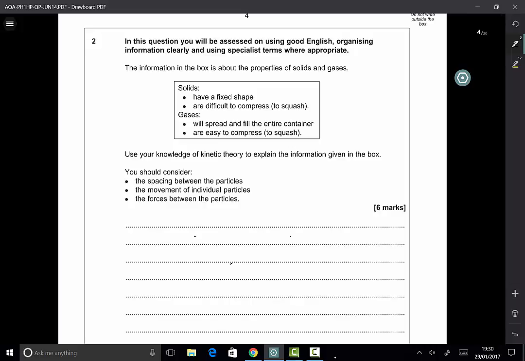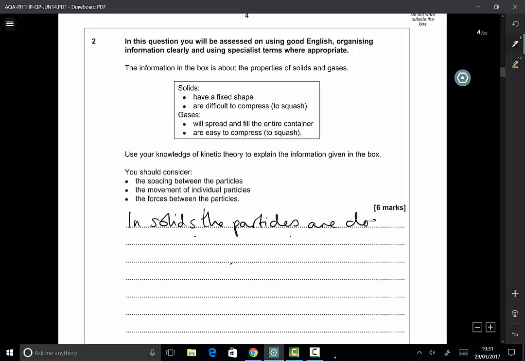So we know that in solids, the particles are close together. Try not to go out of the box. In solids, the particles are close together, but in gases, they are far apart.